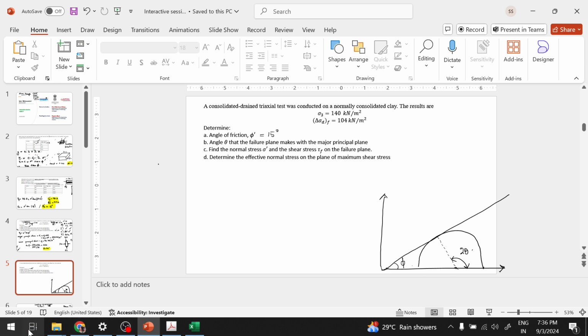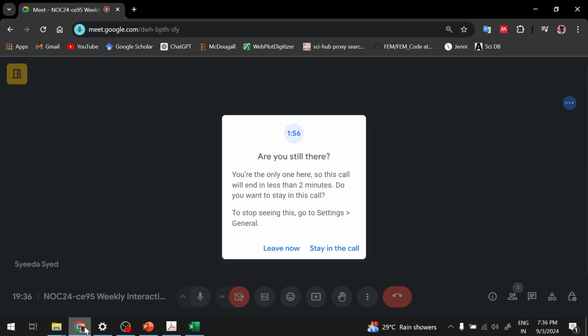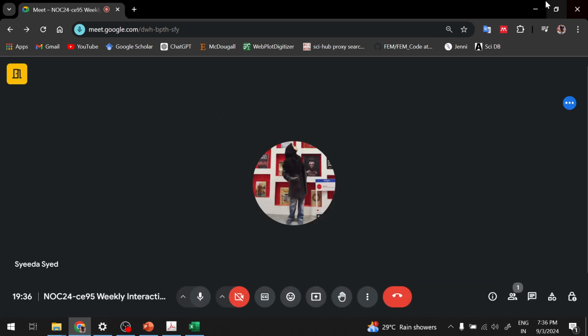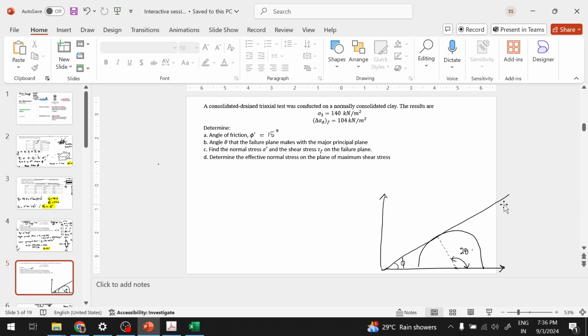From external angle consideration, we can say that in a triangle an external angle is equal to the sum of the opposite two internal angles. So 2 theta equals phi plus 90.